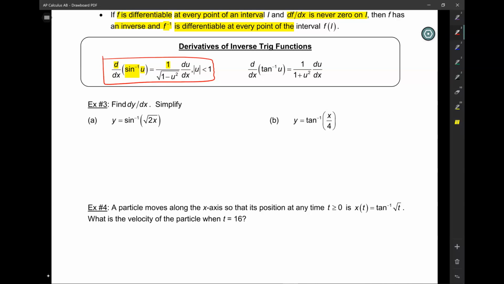And of course there has to be a condition because the denominator shouldn't equal 0: the absolute value of u has to be less than 1, because only then will this not be 0 or negative inside the root. The derivative of inverse tangent of u is 1 over 1 plus u squared times du dx.